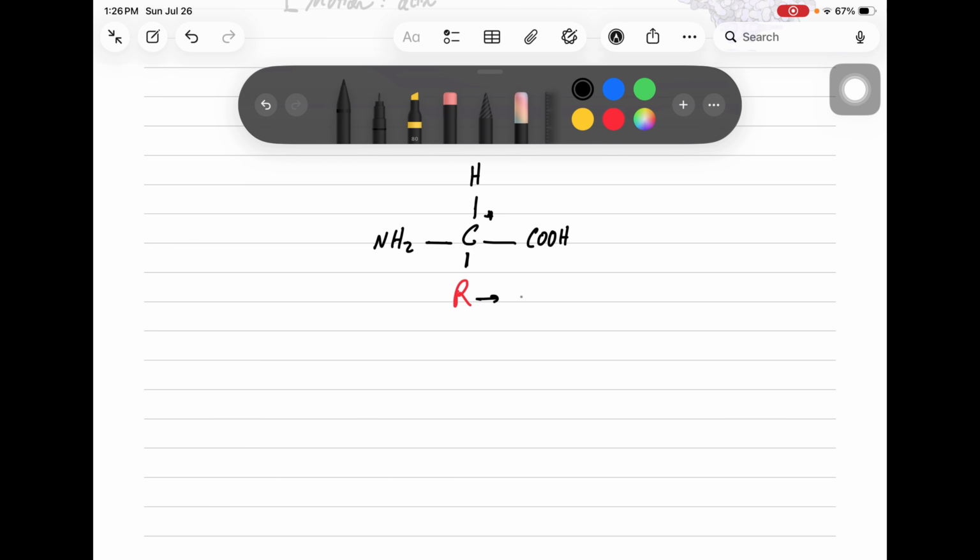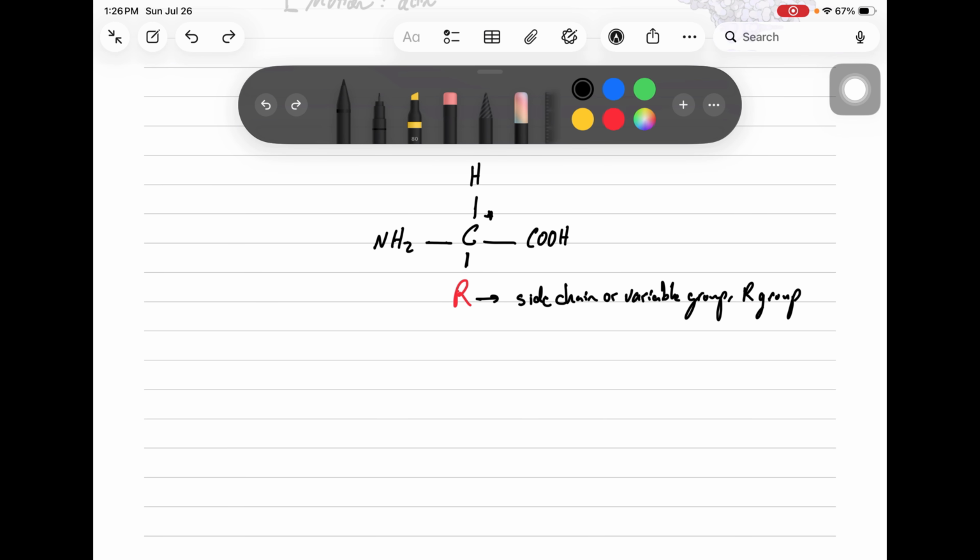This is called the side chain, or the variable group, or sometimes the R group. Doesn't matter. This is what we're going to talk about. Every amino acid, all of them, has the same exact structure except this R group right here.